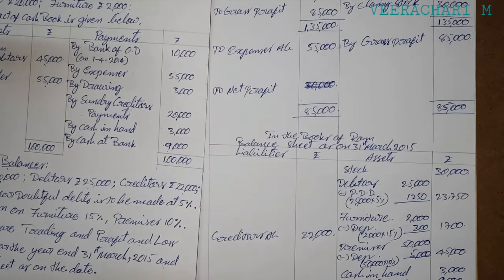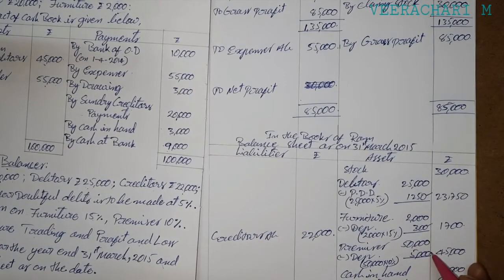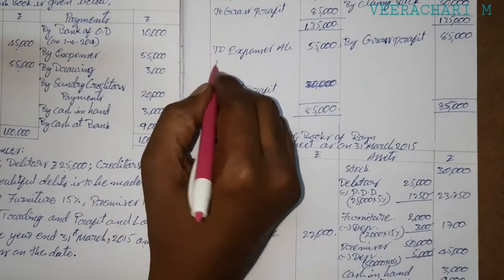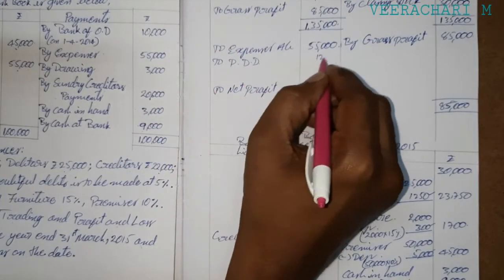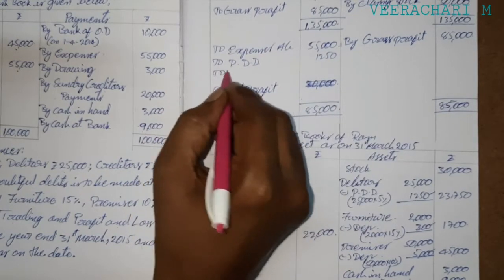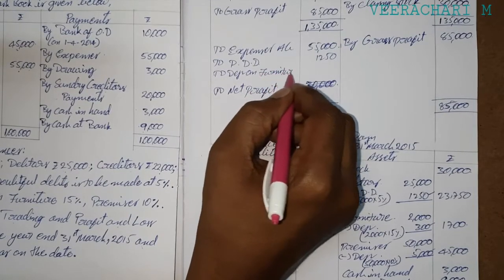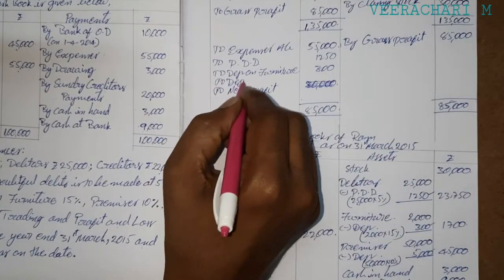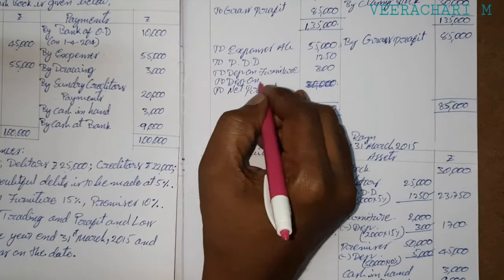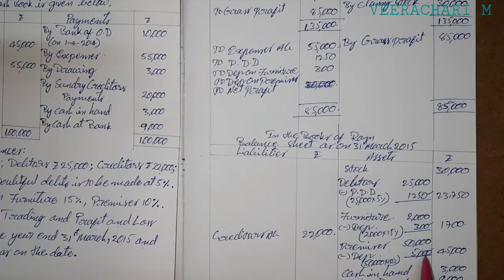And next one, whatever these adjustment values are, that is 1250, 300 and 5,000, you can debit to profit and loss account. To provision for doubtful debts, it is 1250, and to depreciation on furniture, it is 300, and to depreciation on premises, it is 5,000.